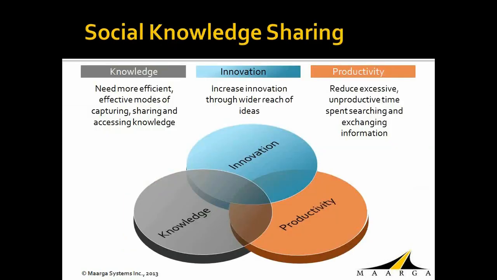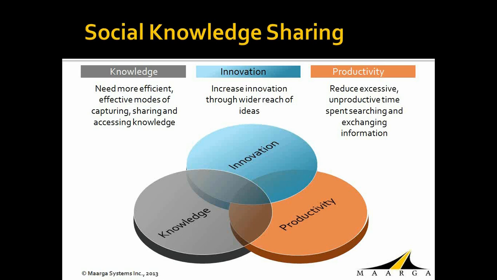So what do companies need? Companies need more efficient, effective modes of sharing knowledge. They need to make information available more widely. They need to make this information available as close as possible to the customer, to the employee, so that it can be found immediately without having to waste a lot of time.